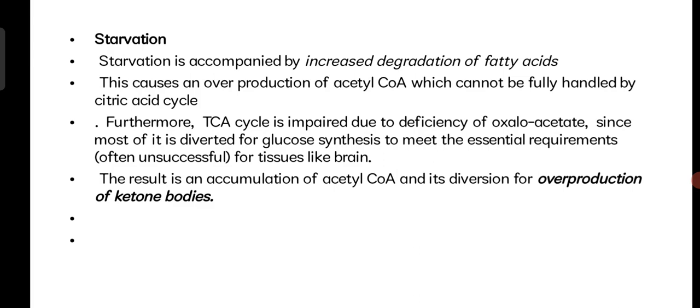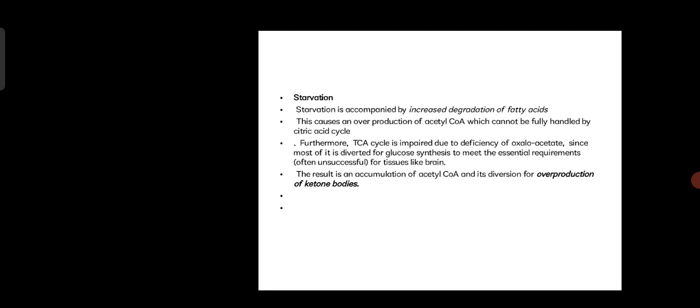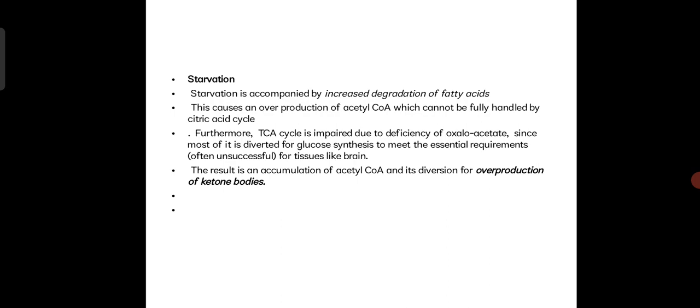Finally, the acetyl-CoA will accumulate, and it results in more production of the ketone bodies. That is starvation. During starvation, first the fatty acids will degrade, and this results in acetyl-CoA overproduction. This is handled by the citric acid cycle.